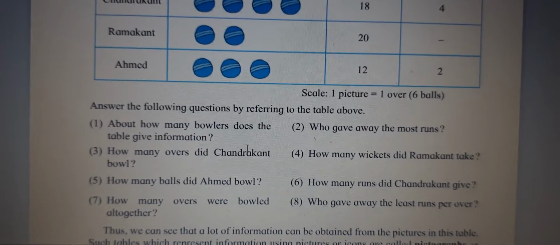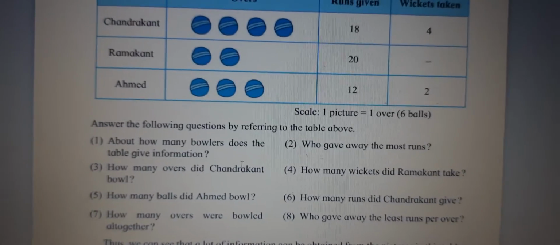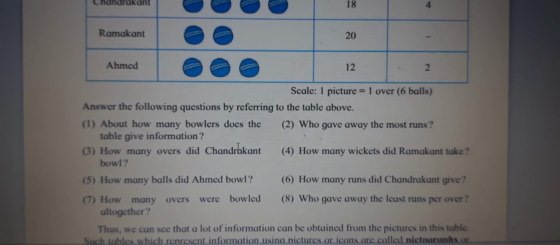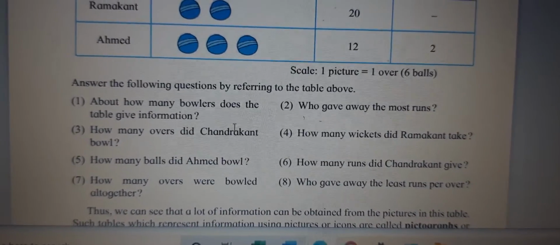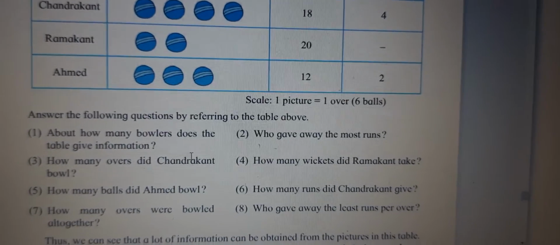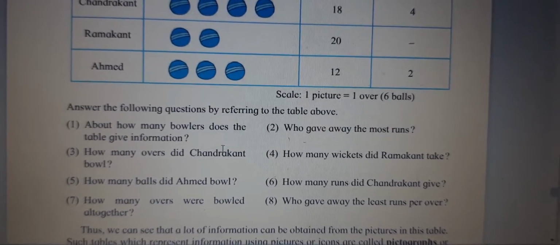Yes, that's right. Sixth one, how many runs did Chandrakant give? 18. Okay, good. How many overs were bowled altogether? 9 overs. Very good. Who gave away the least runs per over? Ahmed. Very good. That was Venisha who gave the answer. Very good. Keep it up.